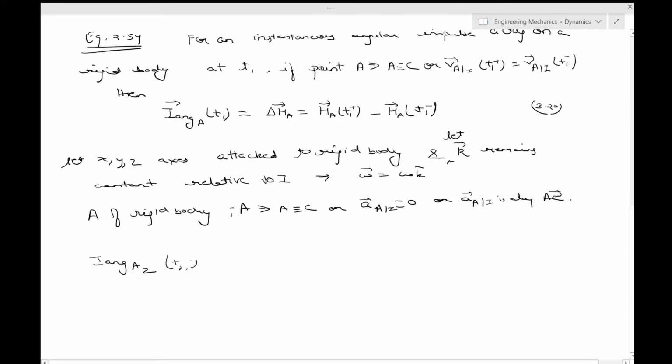The integral from T1 to T2 of M_AZ dt, and same, now we have to write H_A, so it should be I_ZZ A omega at T2 minus I_ZZ A omega at T1. Okay, this is 3.21.